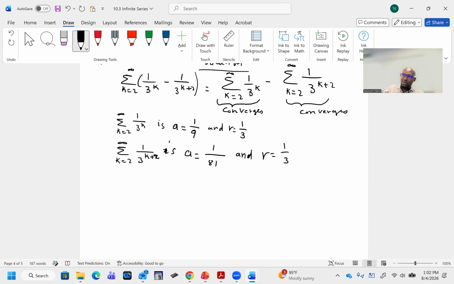So now, look, my sum from k equals 2 to infinity of 1 divided by 3 to the power of k minus 1 divided by 3 to the power of k plus 2 will be equal to A. For the first one, A is what? 1 over 9 divided by 1 minus r, which is 1/3, minus, right?